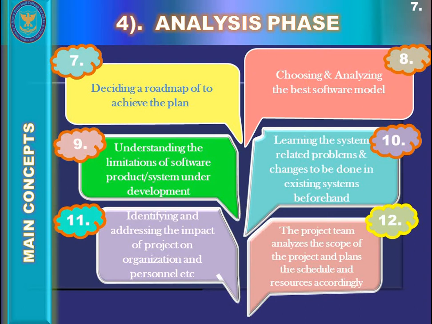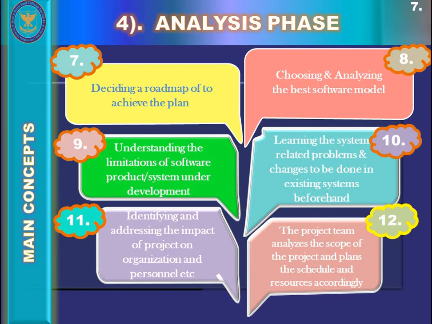The system analysis also analyzes the scope of the project. Scope of the project means the limitations of the project, and the system analysis also includes planning the schedule and resources accordingly. So these sentences which I currently spoke are very, very important.